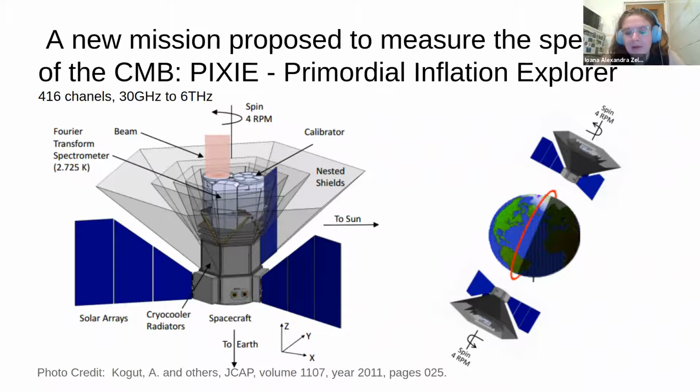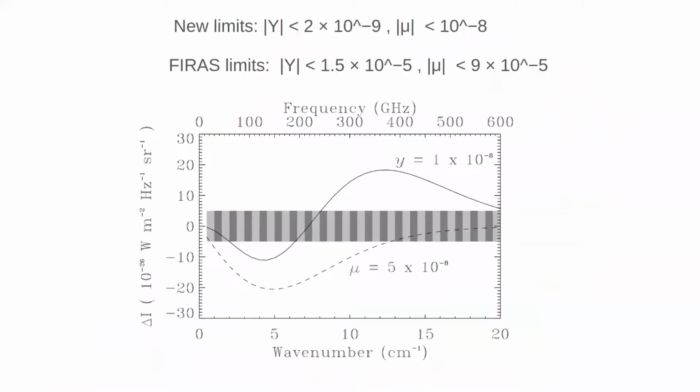And I hope eventually in the next couple of years or so, they will be funded and hopefully fly in the next 10 or 20 years in the long term. So the error bars that these new missions are capable of reaching offer an order of magnitude improvement on the detection of the Y and mu parameters.